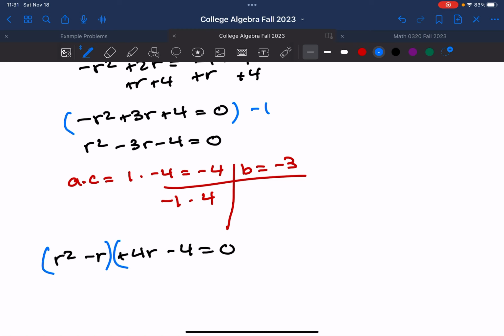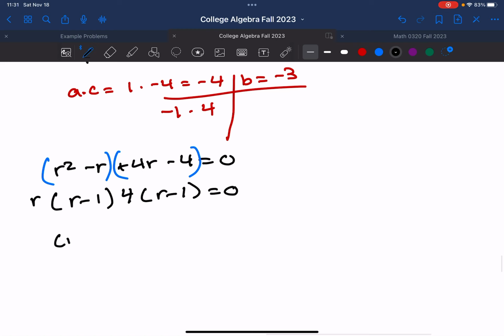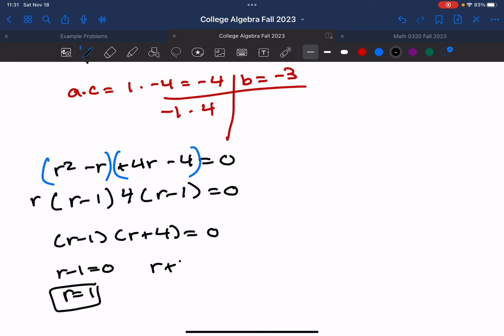Do my factor by grouping, and I can take r out of the first one, left with r minus 1. And the next one I can take out 4, left with r minus 1. So I have r minus 1 and r plus 4 equals 0, which means r minus 1 equals 0 gives me r is equal to 1, and r plus 4 equals 0 gives me r is equal to negative 4.